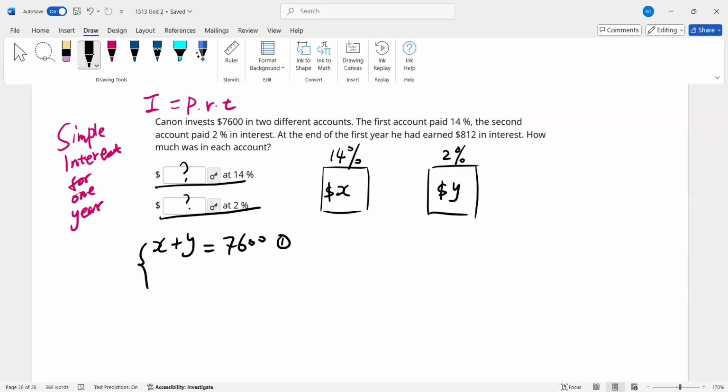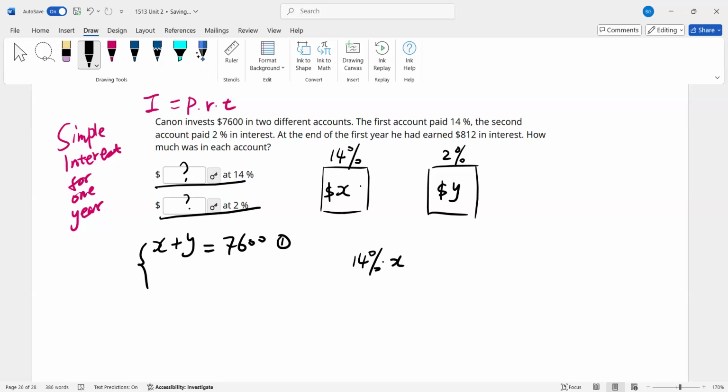How do we do that? Look at the first box. The amount of dollars is inside the box. The interest rate is on top of the box. Multiply them together: 14% times X. Multiply the interest rate above the box and the money inside the box, and you will have the interest paid by that account for a year.